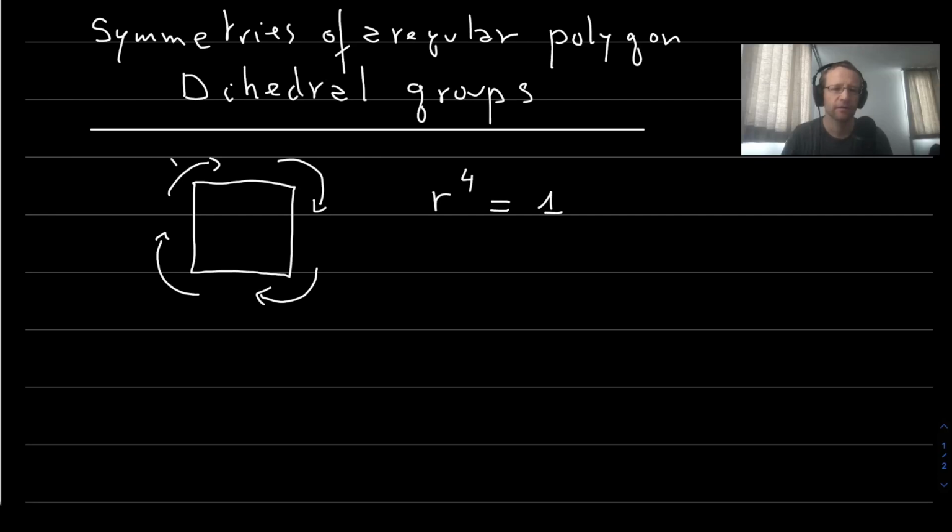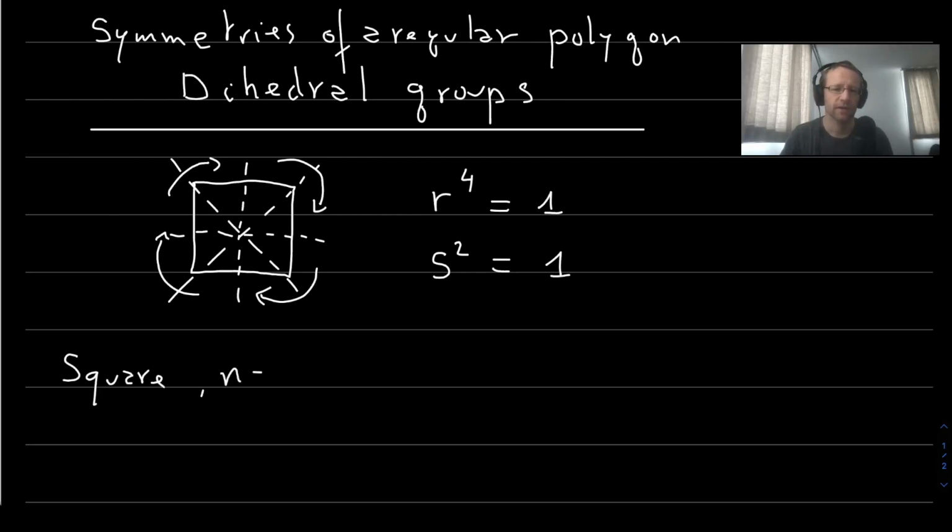And then we have 1, 2, 3, and 4 reflections along axes, and they all satisfy that their square is 1. So for the square, which has 4 sides, we find 8 group elements, and we'll call the group formed by these rotations and reflections D8.